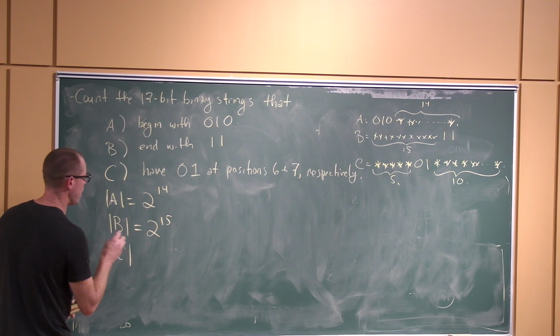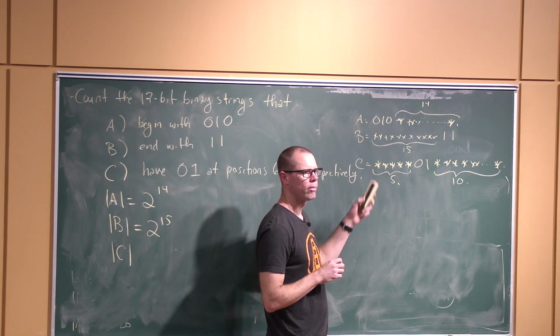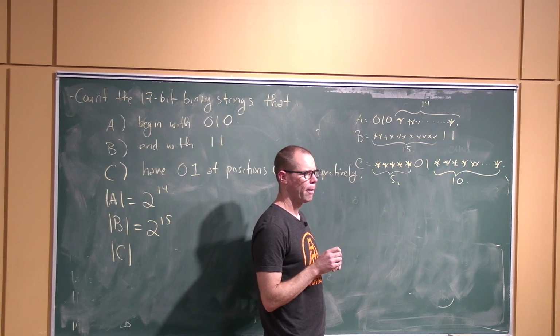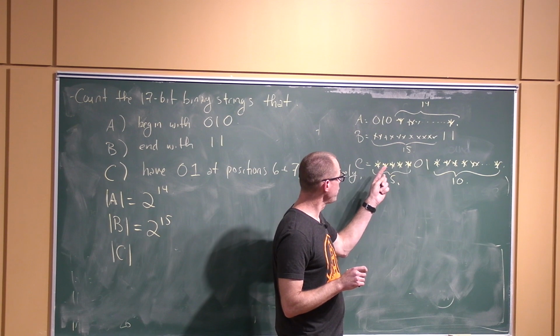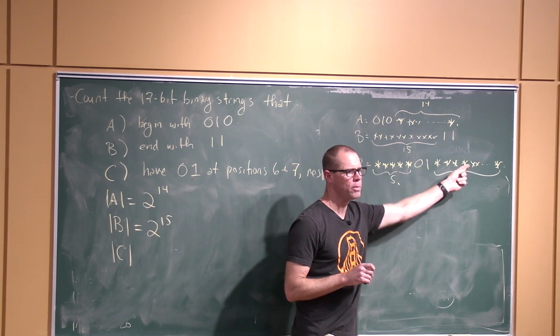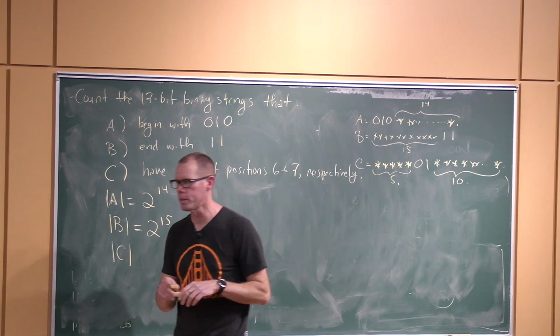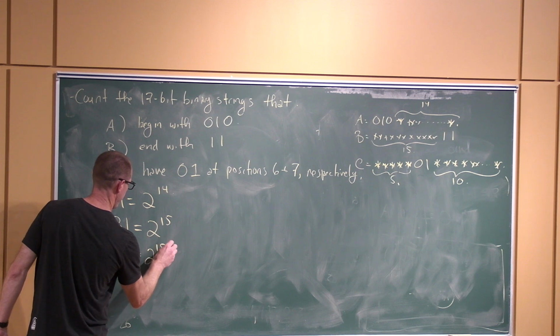What about the size of C? That's these strings here. Is it also 2 to the 15? 2 to the 15, because 5 times I get to make a choice here, each one has 2 options, and 10 times I get to make a choice here. That's 15 choices. So that's also 2 to the 15.